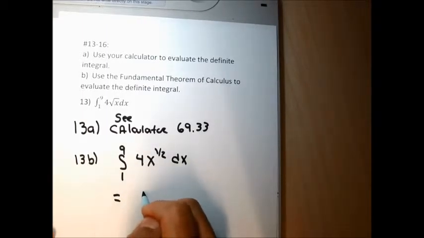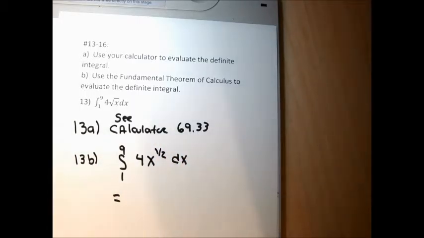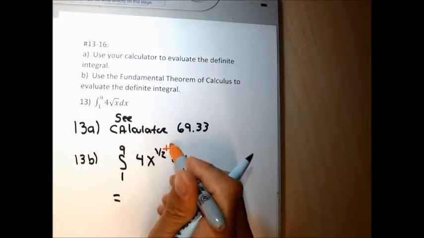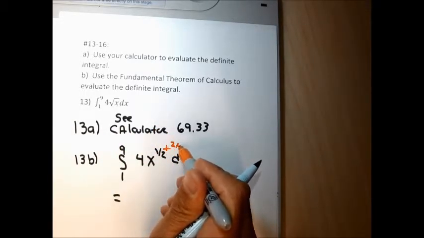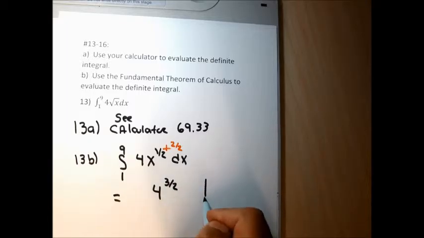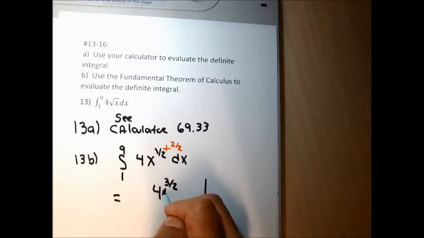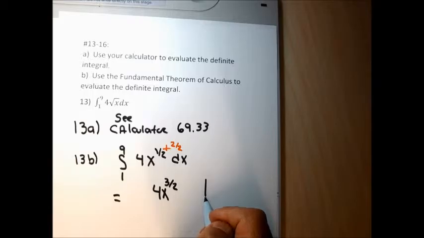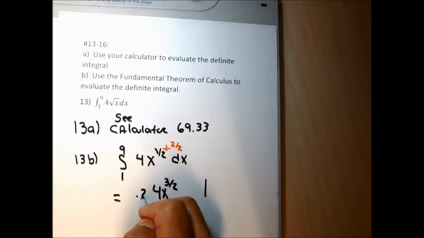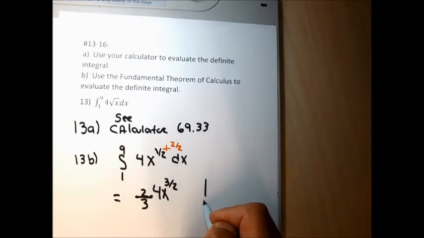And when I integrate, I have to add 1 to the exponent. And the way I'm adding 1 is going to be 2 halves. So my new exponent is going to be 3 halves. And instead of dividing by 3 halves, I'm going to multiply by 2/3. So times 2/3. I need to evaluate that at 1 and 9.